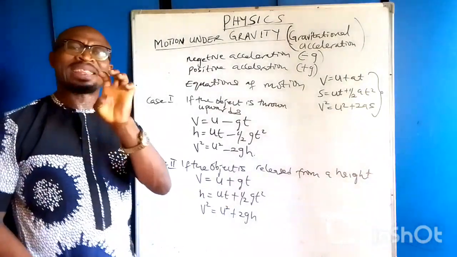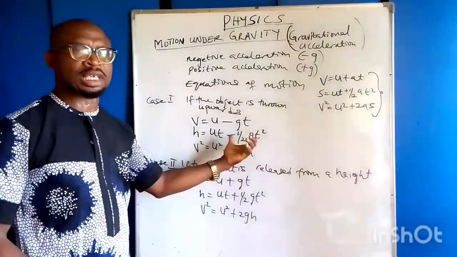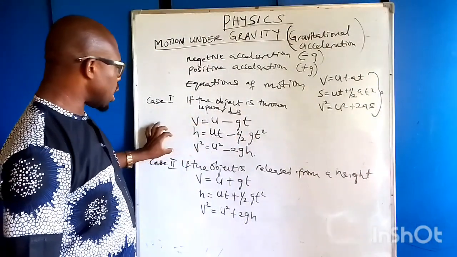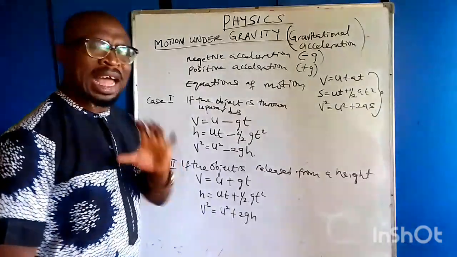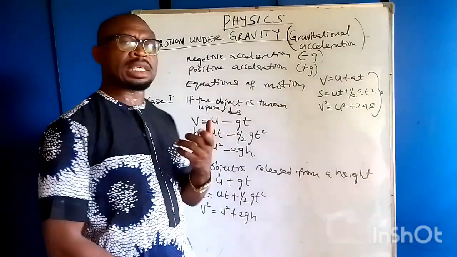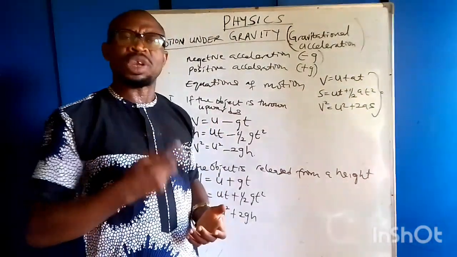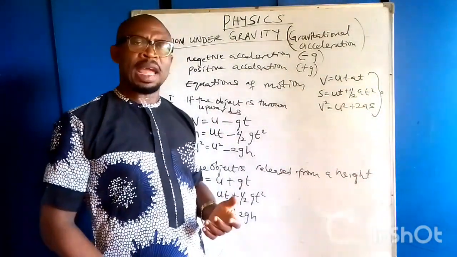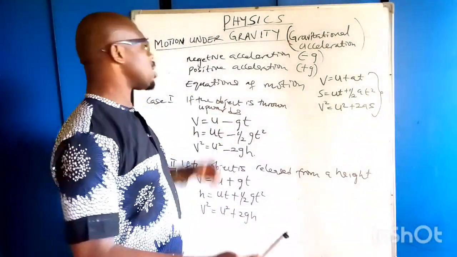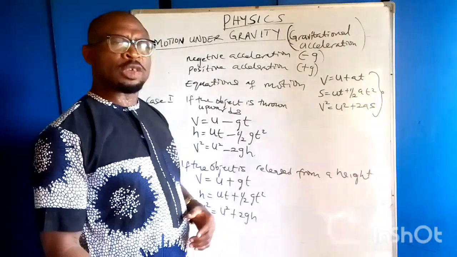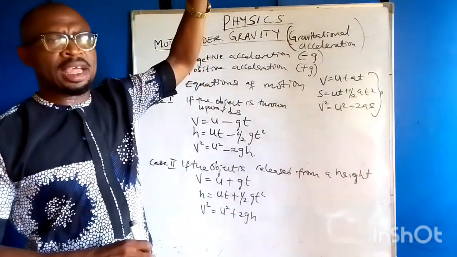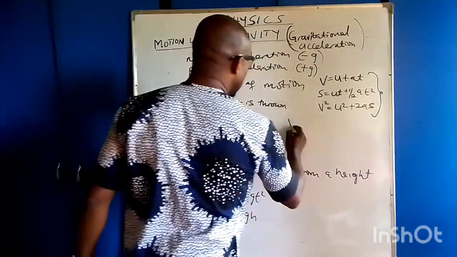Now I want us to look at the cases where you use v, u, and h. The first point is if an object is projected from a height. At the maximum height, v is 0.